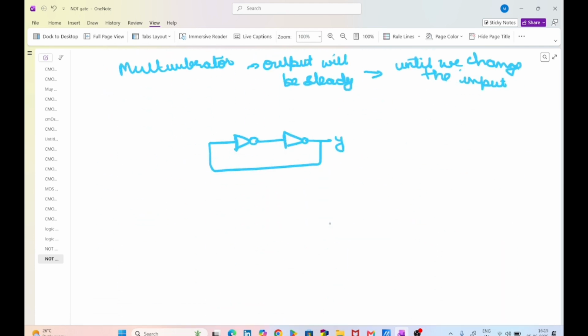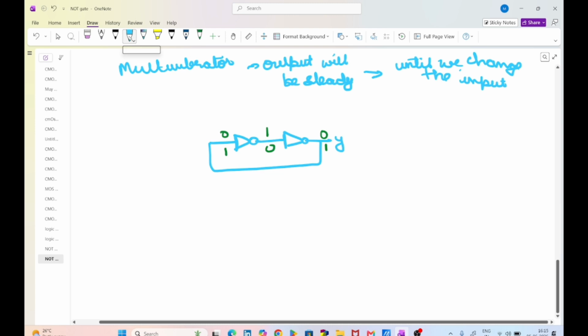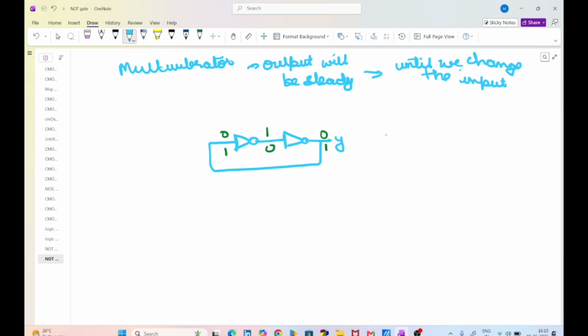Let us give the output as 0 here. When it becomes 0, this will become 0, this will become 1, this will be 0. Let us give 1 as the output. When 1 is the output, here it will become 1, here it will become 0. That's it, like that.